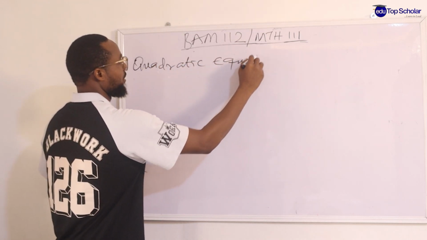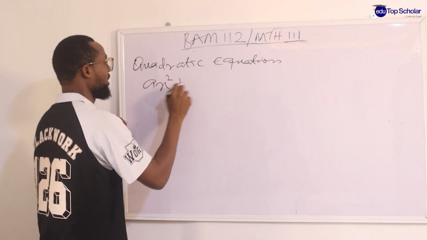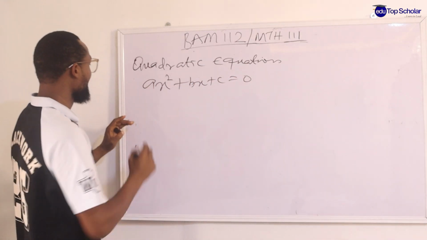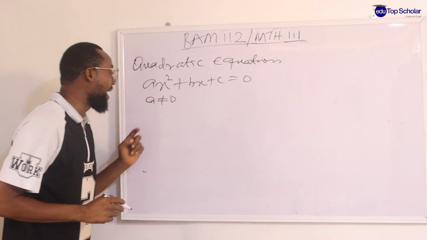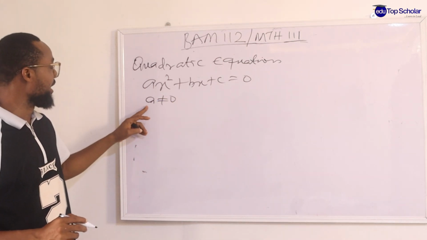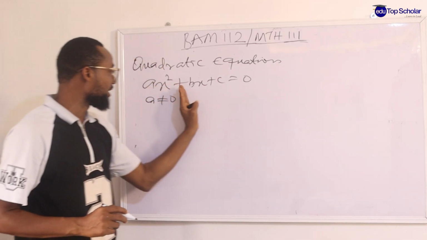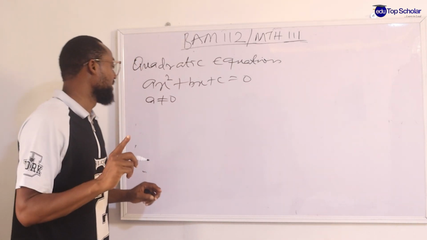And the standard form now is ax squared plus bx plus c equals 0. And here, our a must not be equal to 0. Why? Because immediately a is equal to 0, this is no longer a quadratic equation. This becomes a linear equation that has only one root.